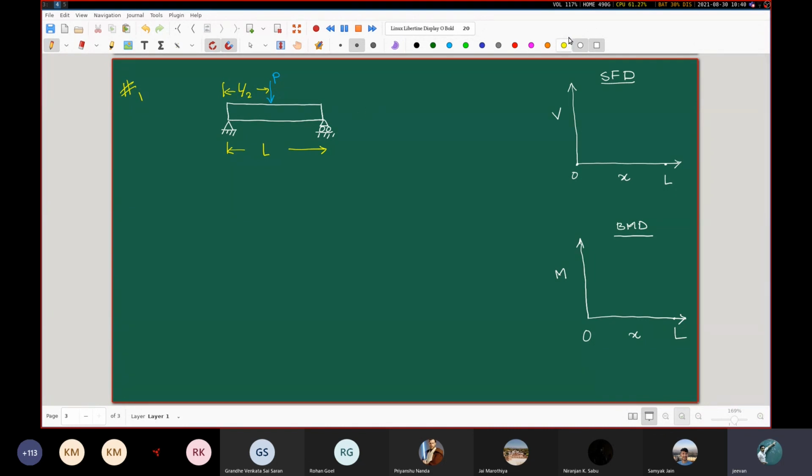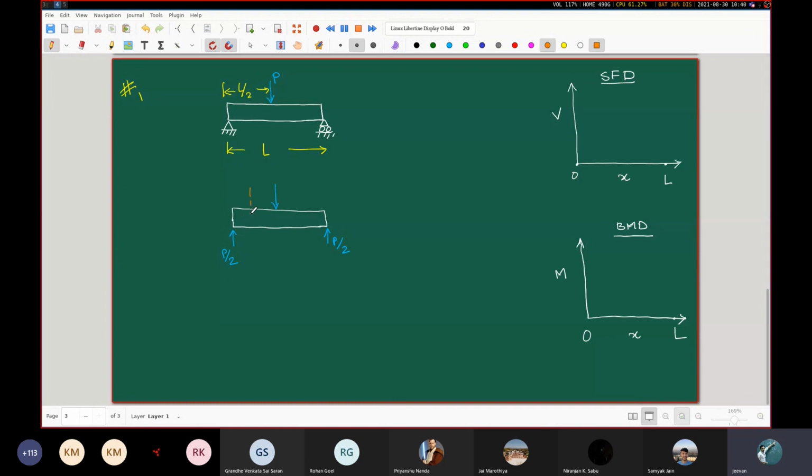Okay, so let us not unnecessarily drag on these easy things. I can quickly go from here to here and write that this is P by 2 and this is P by 2. Easy enough.